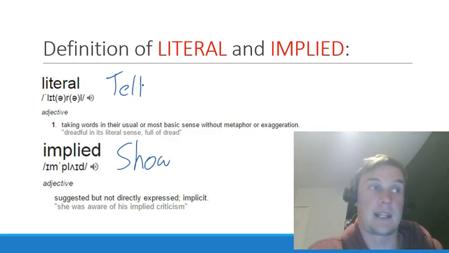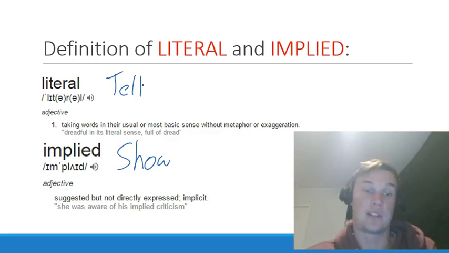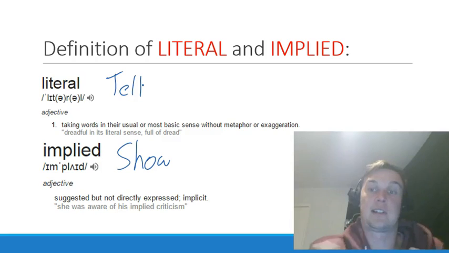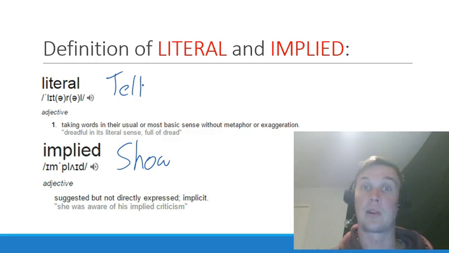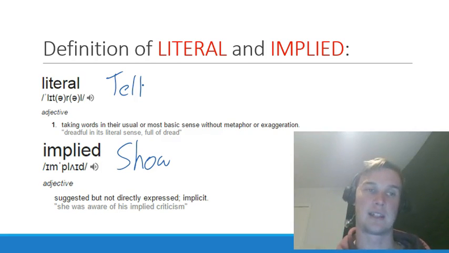What does dreadful mean? Another example could be if someone's anxious, show me what anxious means by using different words. They're shaking, you can see them moving like that. That's what showing means. Telling is obviously saying this person is anxious or nervous. So making sure we understand the difference between those.